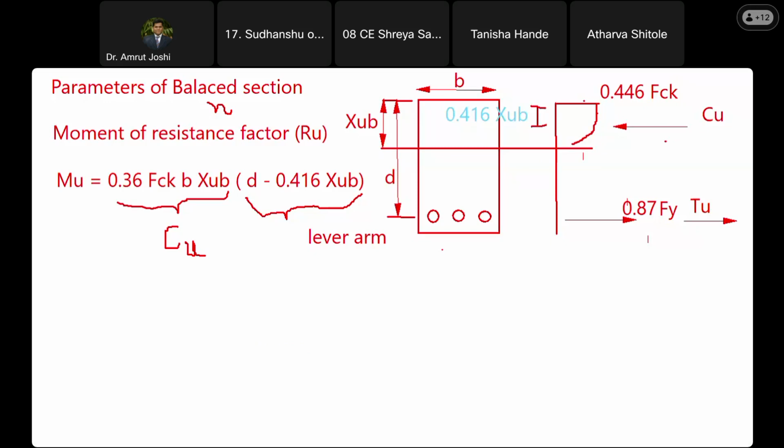Are you with me, Shreya? Yes, sir. Okay. So Mu is this Cu into the lever arm. And then what we have done is xub is written as kub into d, where kub is the neutral axis factor.